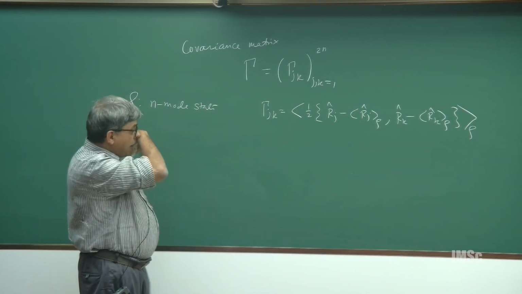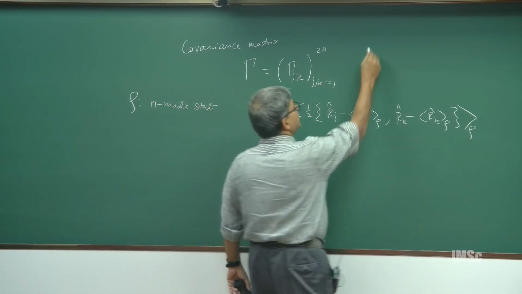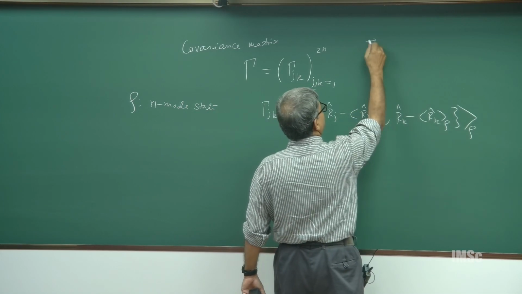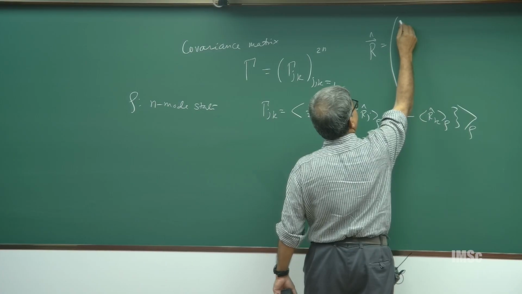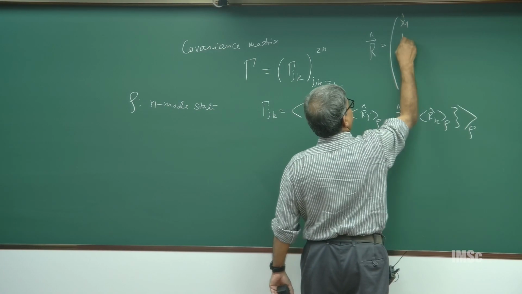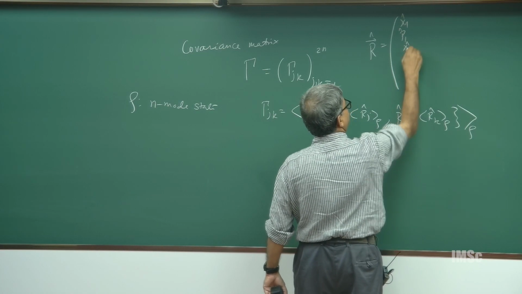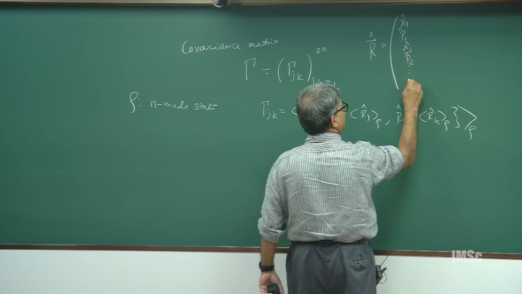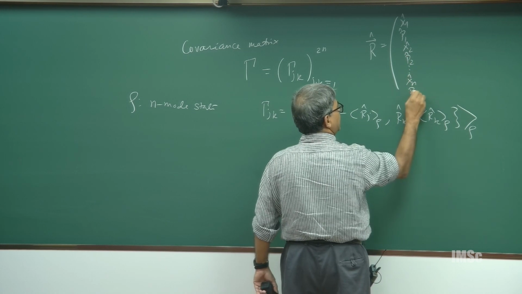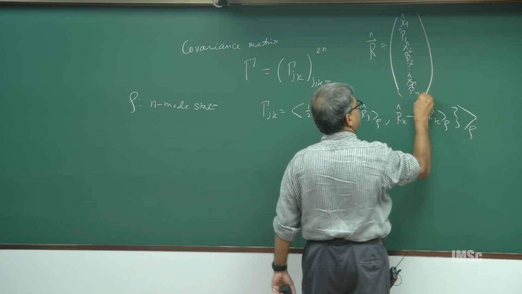And these R j, R k are the components of your R vector, which is x 1 p 1 x 2 p 2 up to x n p n. Okay.